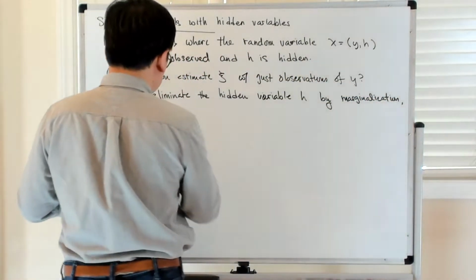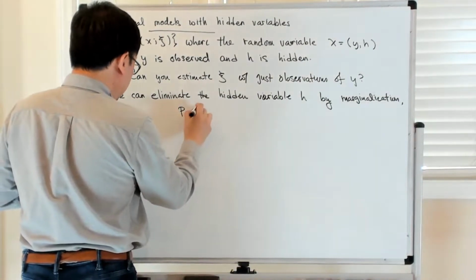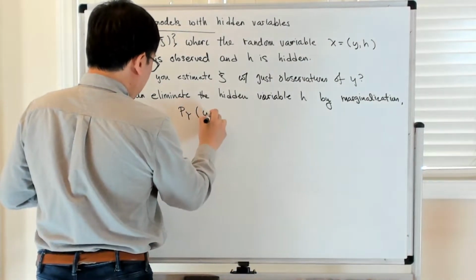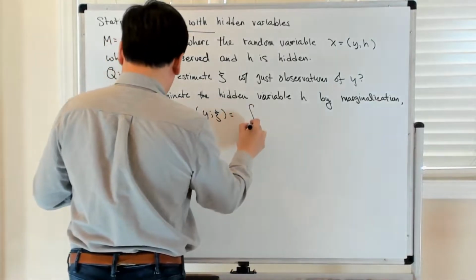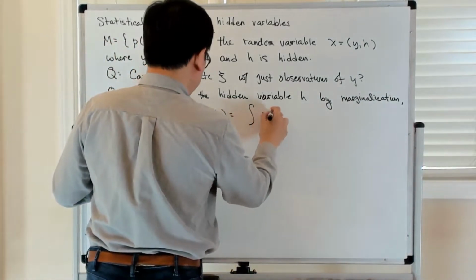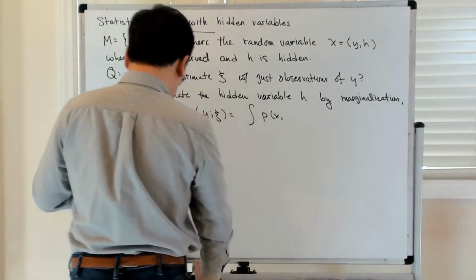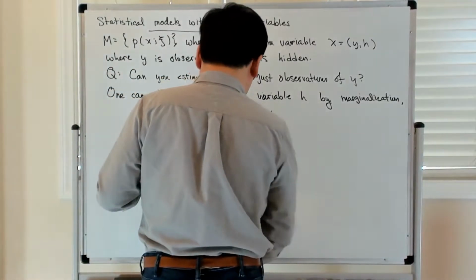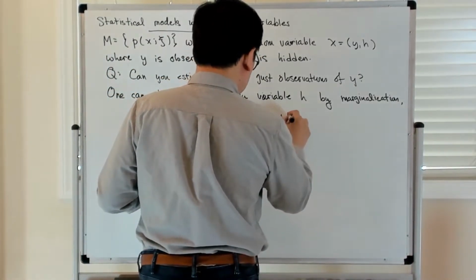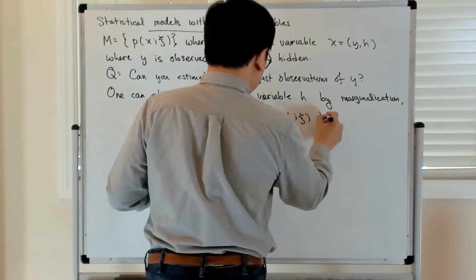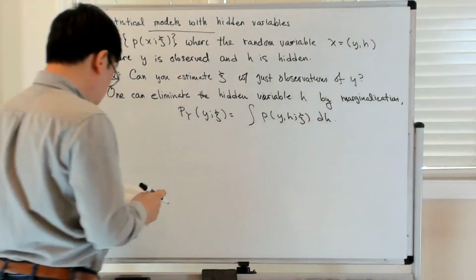Which is to say that you look at some p(y; c), which depends on y and c, and it's just given by the integral of p(y, h; c) over h, basically, right?